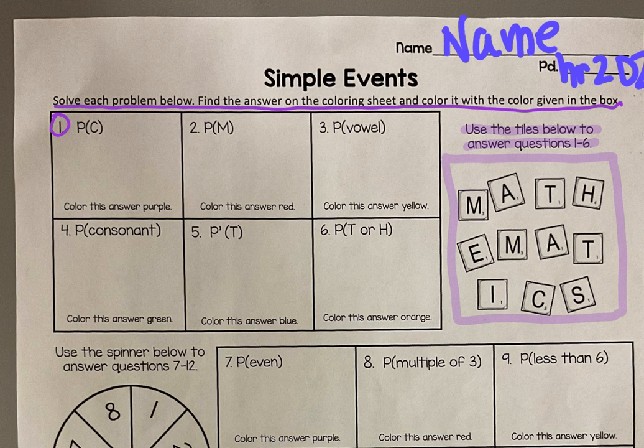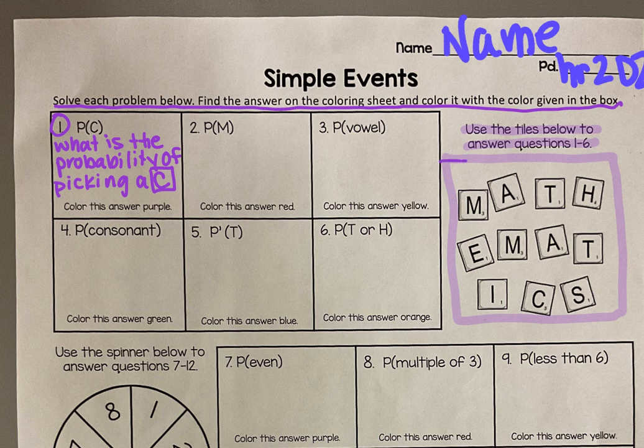How you should read that to yourself is, you don't need to write this: What is the probability of picking a C? Okay, so you're looking at P(C) and what is the probability of picking a C?